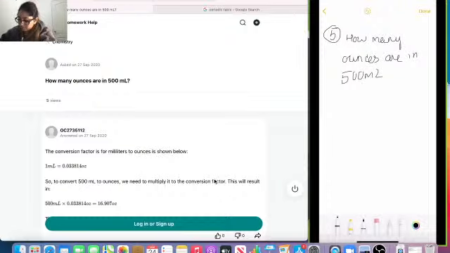What we're trying to do here is go from milliliters to ounces.